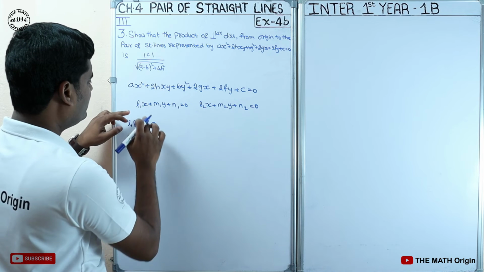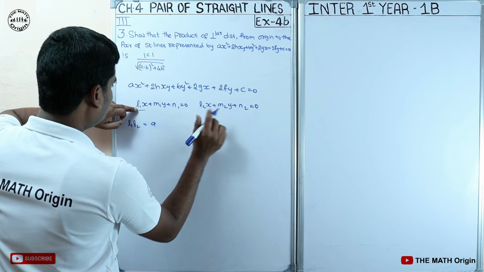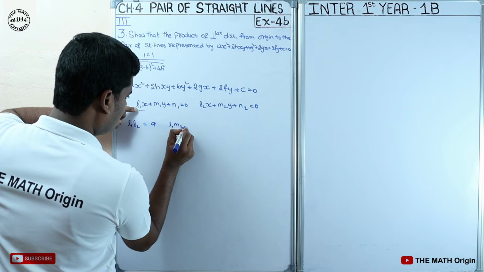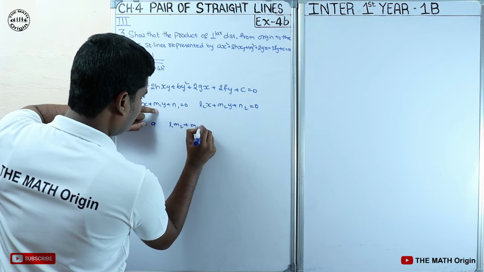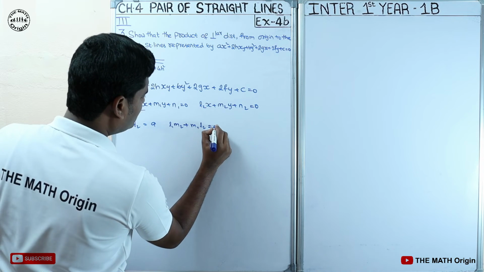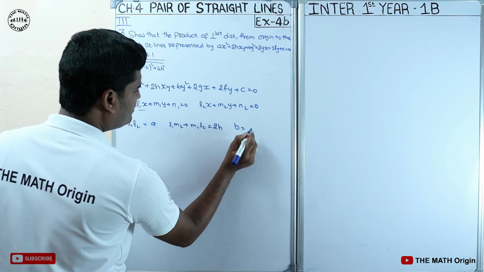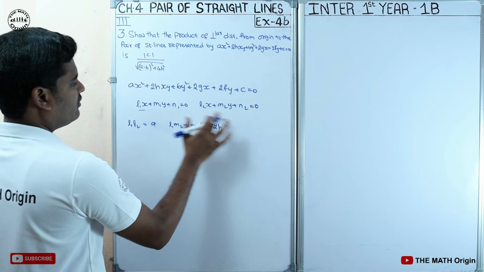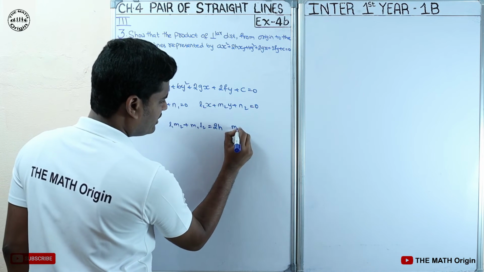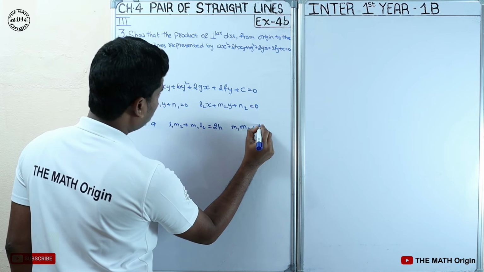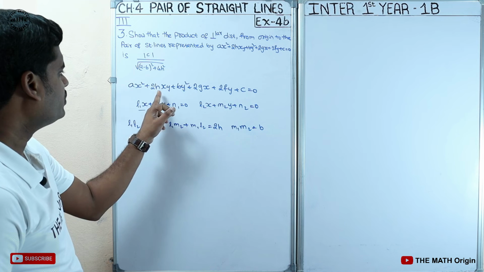Next xy value, and xy value means, if you see here, from here x into y means L1 M2 plus from here M1 L2, this will be 2h value. Okay, next b value, b value will be y square means M1 M2 is equals to b, M1 M2 equals to b. Now we got a, 2h, b.